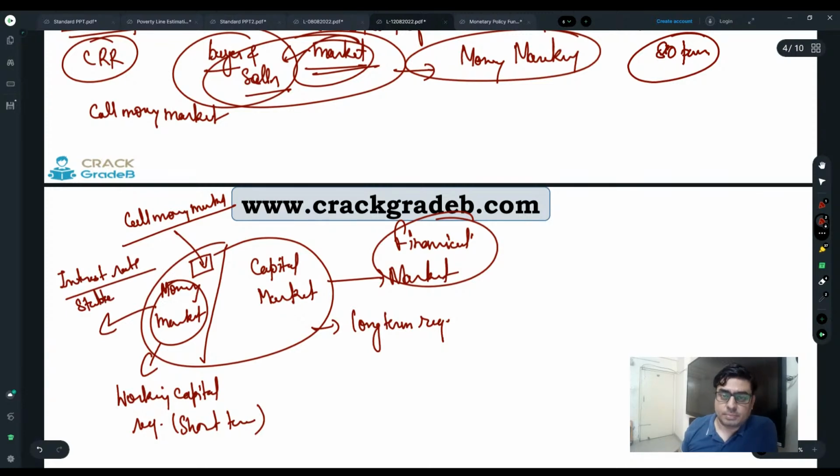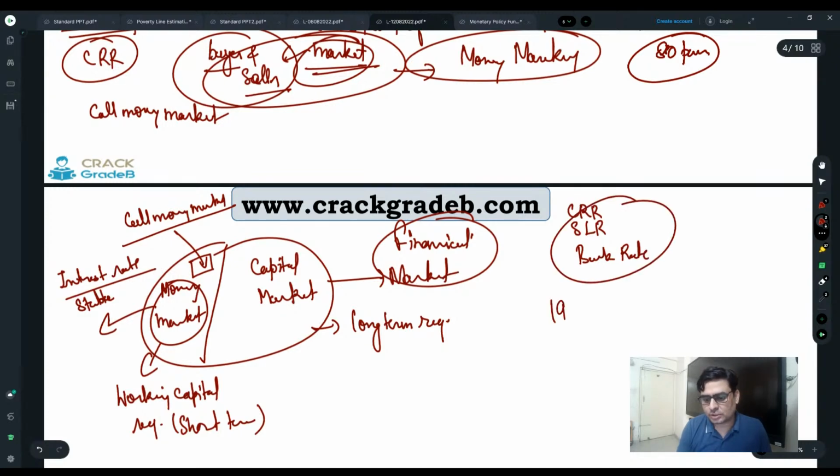Interest rate must be stable. So that is why the Indian economy and monetary policy was basically having what? CRR, SLR, and bank rate. But post 1991, many instruments, right?